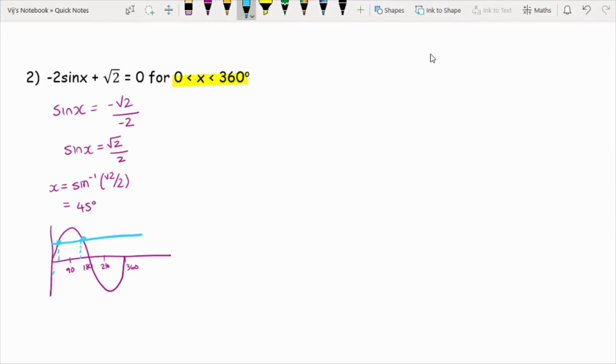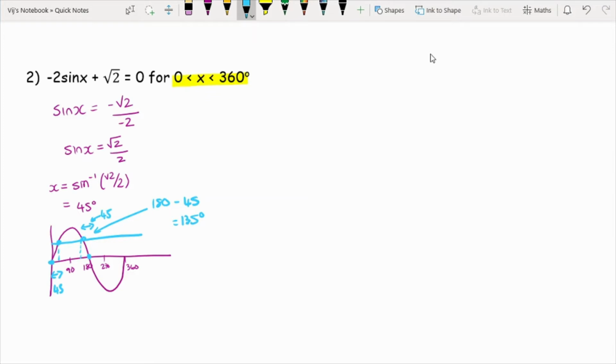So again, this distance here is 45 degrees. So from the origin it starts at 0, so I'm looking at the next time at 0. So although it's quite a tight squeeze, that distance there is going to be 45. So to find this second angle, all I need to do is 180 minus 45, which gives me a value of 135 degrees.